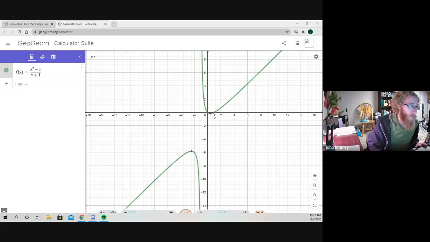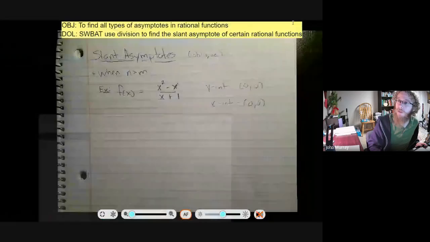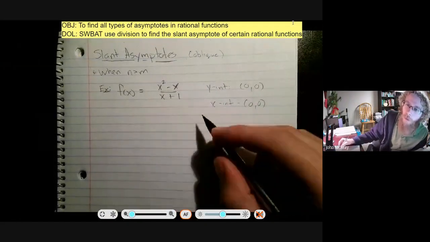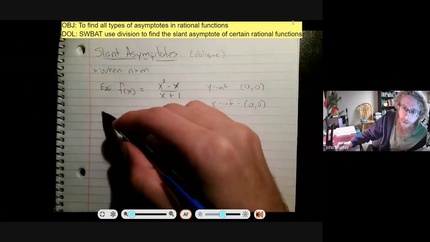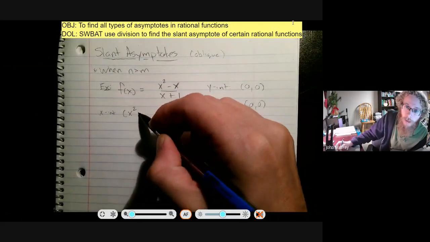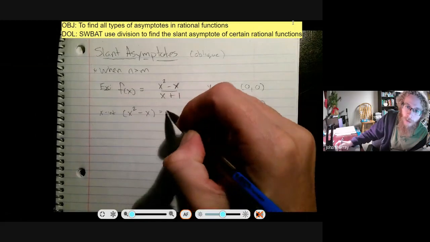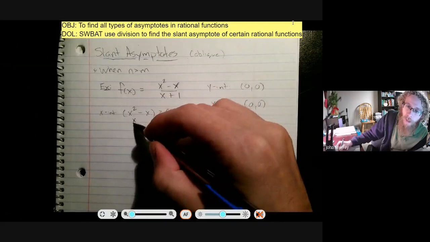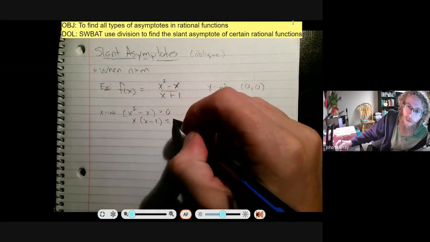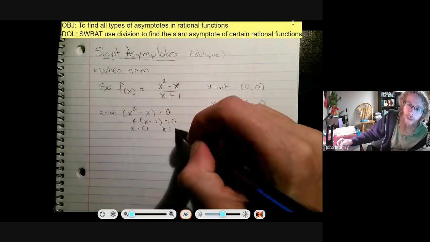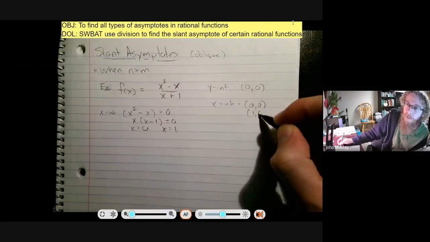Remember, for the x-intercept we just have to worry about the numerator. So we set the numerator equal to 0. Here I can factor out an x. So I get x equals 0, which we found, and I also get x equals 1.